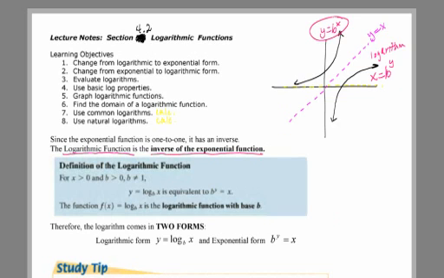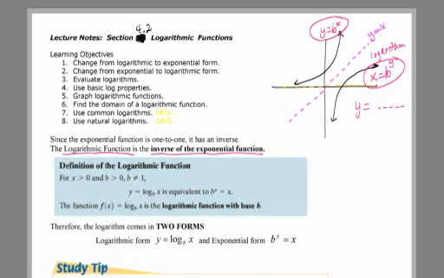This is the exponent we studied in the previous section. This is the one we're going to study in this section. The only problem with a logarithm in this format is that it's not in the actual function format. A function format has to be y equal to something. This one's not in the y equal to something format. So we have it defined here.